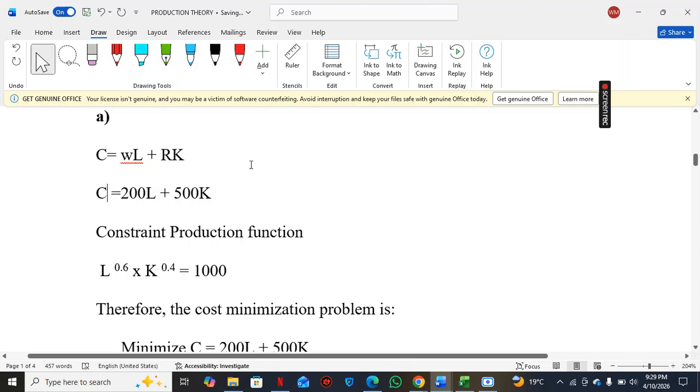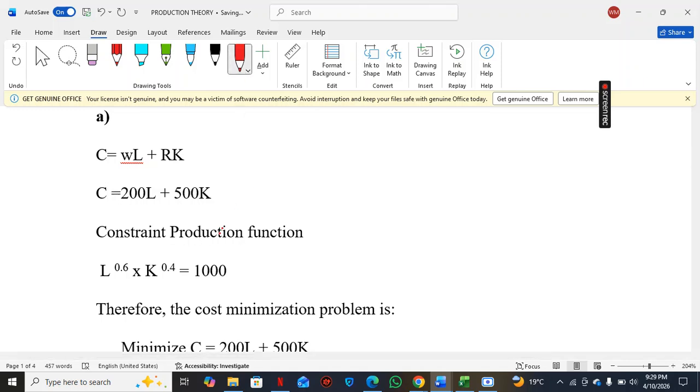Then the production function. Remember, the production function is Q equals L to the power 0.6 K to the power 0.4. They told us this firm wants to produce 1000 units, so we substitute Q with 1000. So 1000 equals L to the power 0.6 K to the power 0.4.